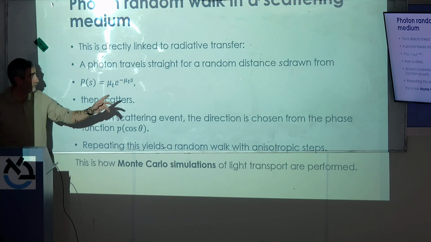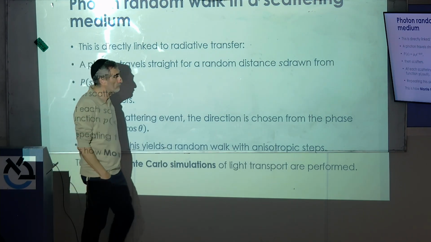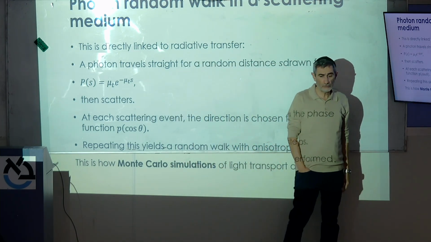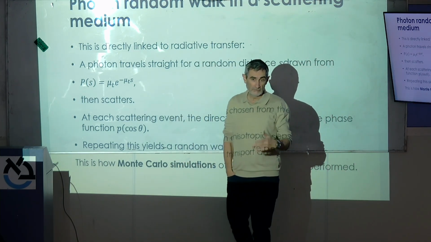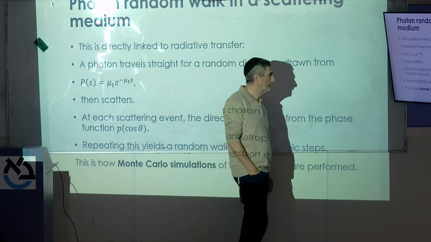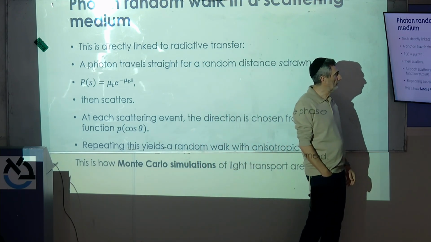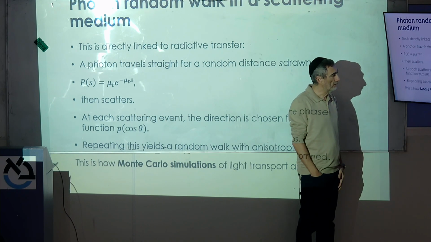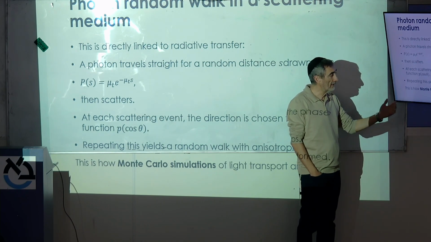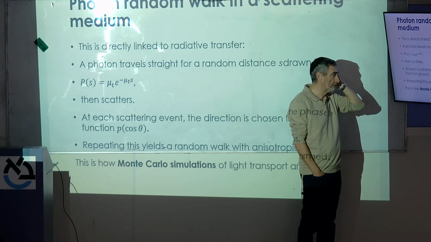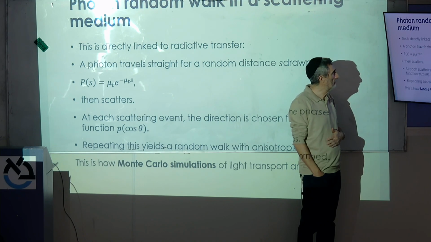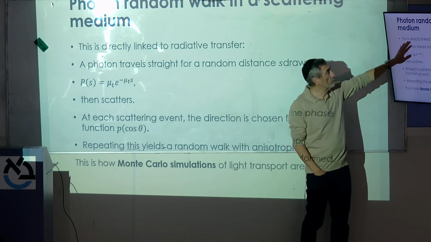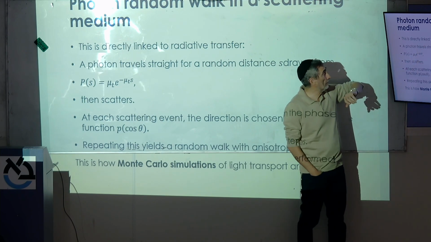dimensionality, I want to introduce you to what is called Monte Carlo simulations. Monte Carlo simulation is something that you may meet in the future. It's a very standard method to describe transport of light or any particles, like Brownian motion or whatever. So the idea is like that. You actually reproduce directly the radiative transfer equation.